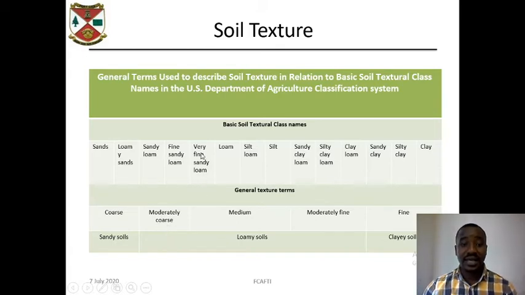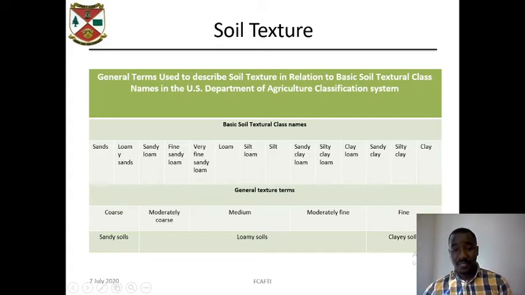Then very fine sandy loam, loam, silty loam, and silt are said to be medium. And sandy clay loam, silty clay loam, and clay loam are said to be moderately fine. Sandy clay, silty clay, and clay are said to be fine.